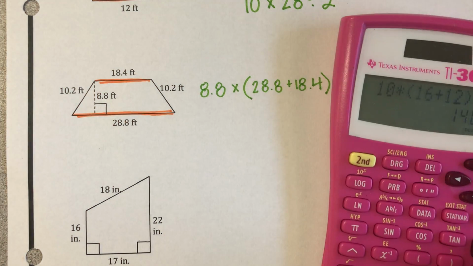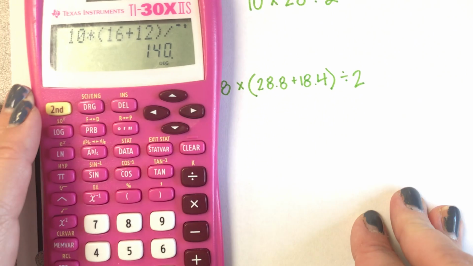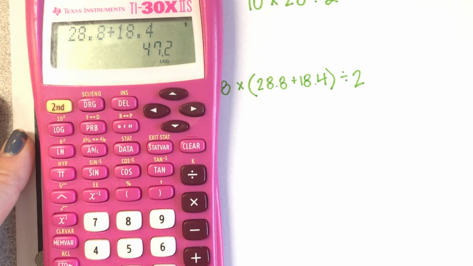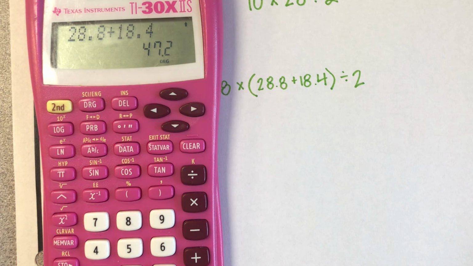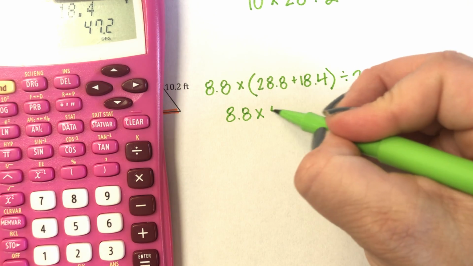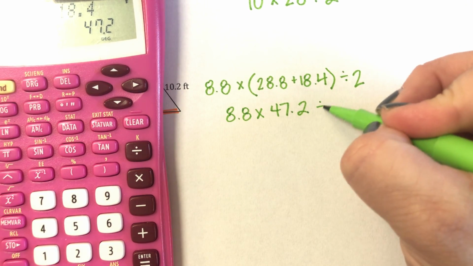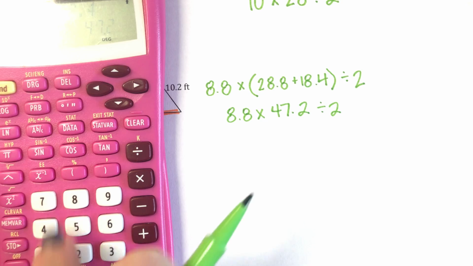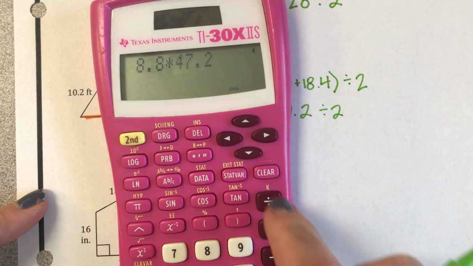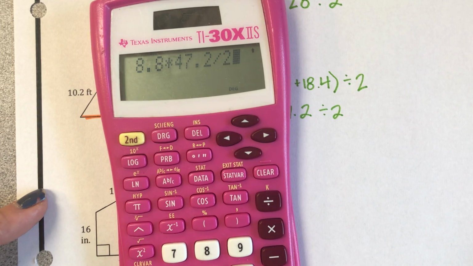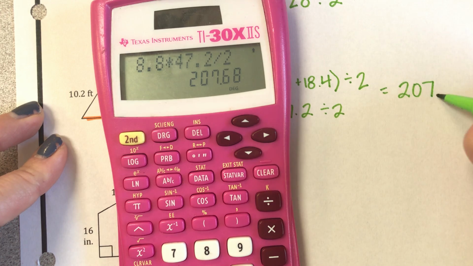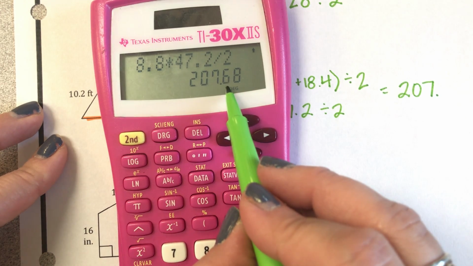So you can type it in one step, or I'm going to go ahead and do 28.8 plus 18.4. So the sum of the bases was 47.2. So I'm going to do 8.8 times 47.2 divided by 2. Hit enter. 207 point, I have 6.8.